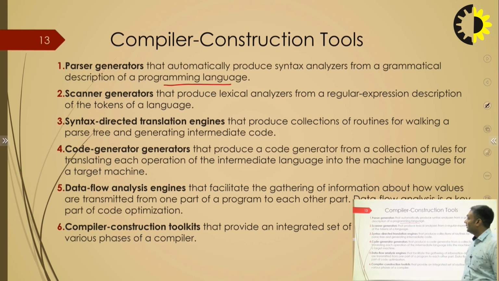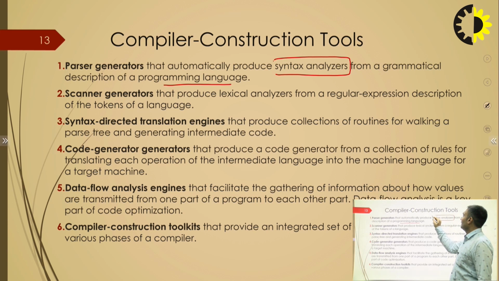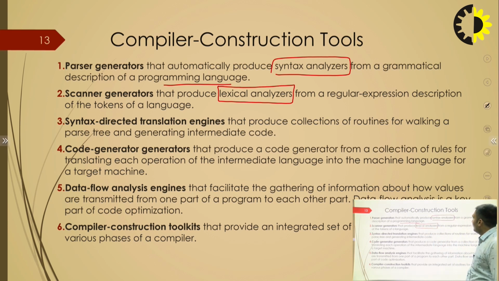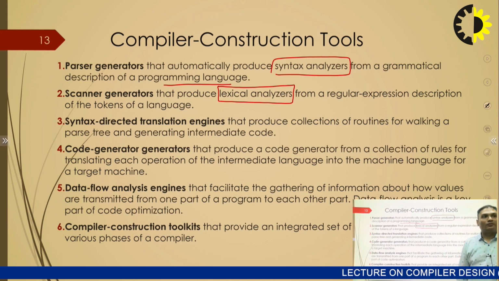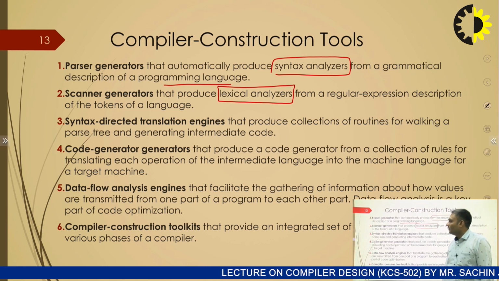So the parser generator works like a syntax analyzer, which is the second phase of the compiler. Scanner generator produces a lexical analyzer from a regular expression description of the tokens of a language. So it acts as a lexical analyzer.